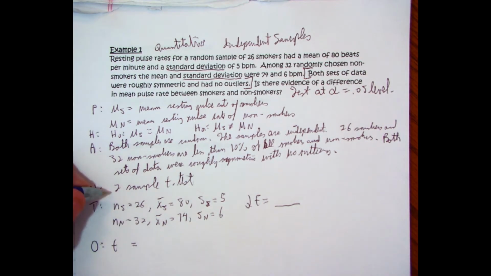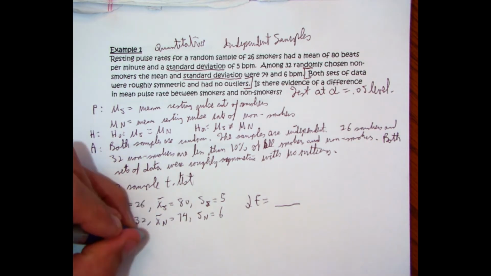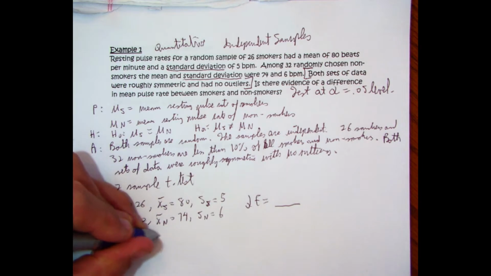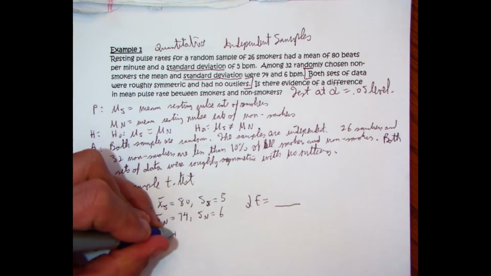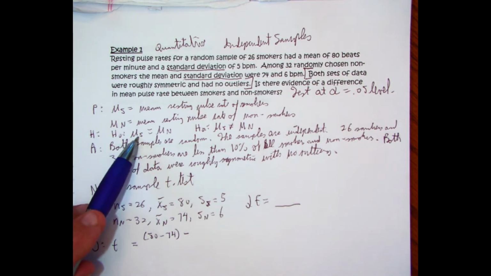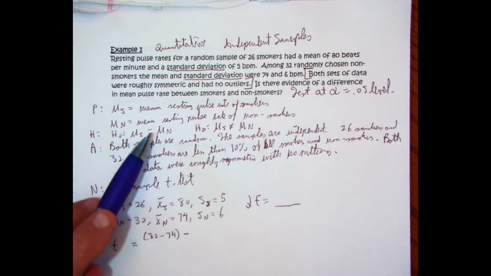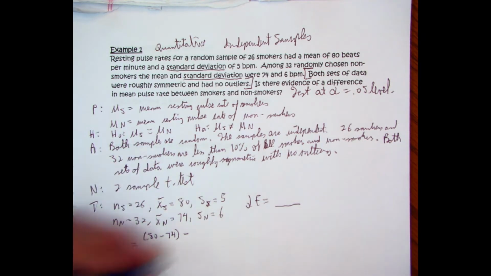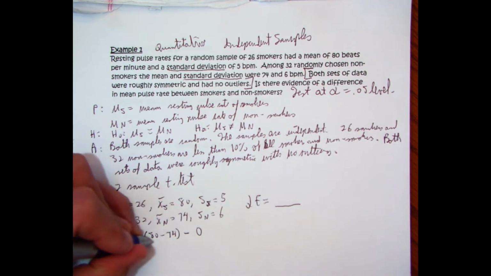So we're going to do x bar for smokers, 80, minus x bar for non-smokers, 74, minus the hypothesized difference. If mu sub s equals mu sub n, then mu sub s minus mu sub n is 0. So that's easy.